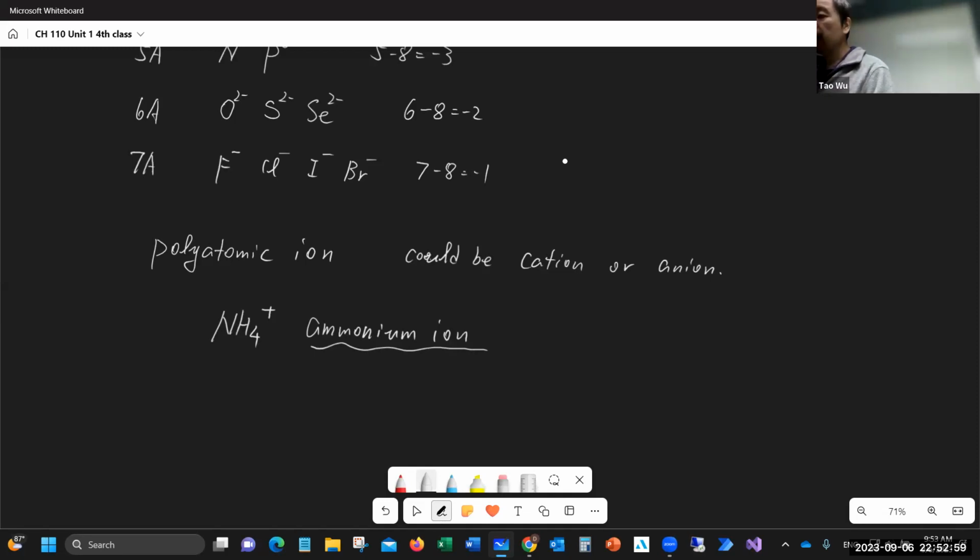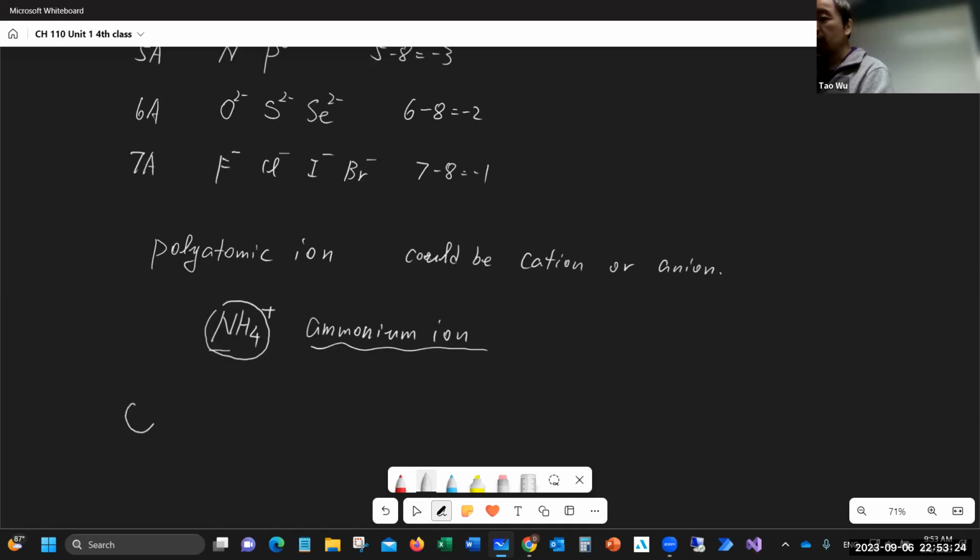This one is made by one nitrogen atom and 4 hydrogen atoms all together, so it is a group. The positive charge doesn't just belong to the hydrogen, it belongs to the whole particle.